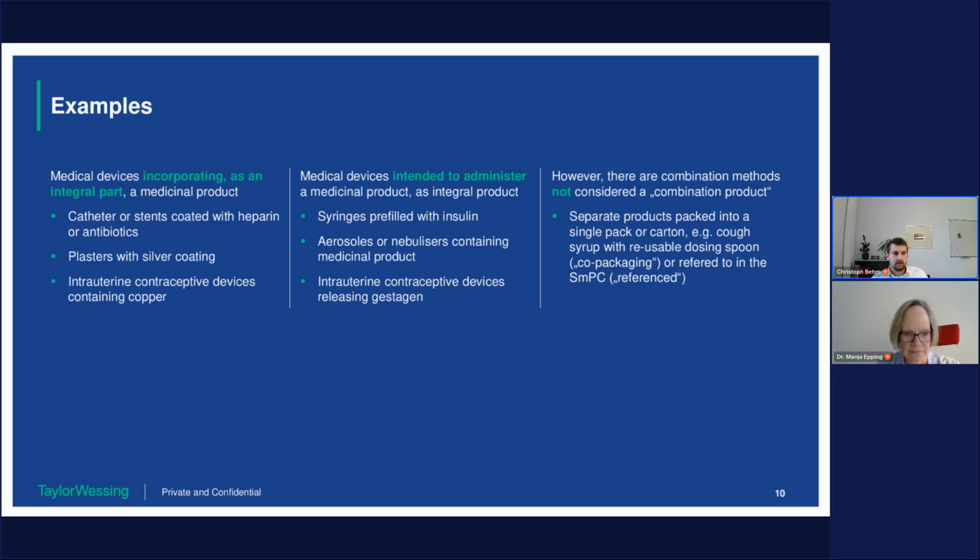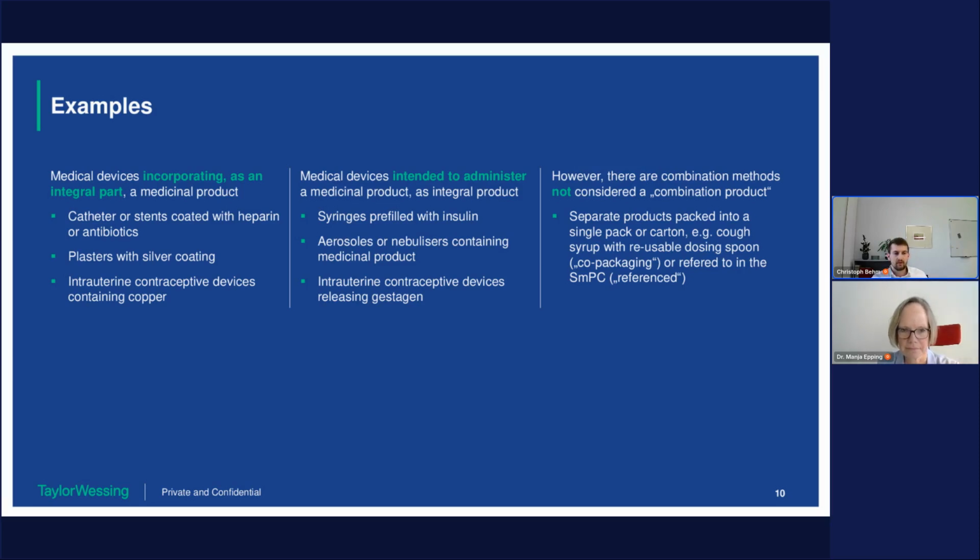For example, catheters with antibiotics that prevent infections, or stents with a heparin coating that adds an anticoagulant effect. Other examples include plasters with silver coating, or contraceptive devices with copper.